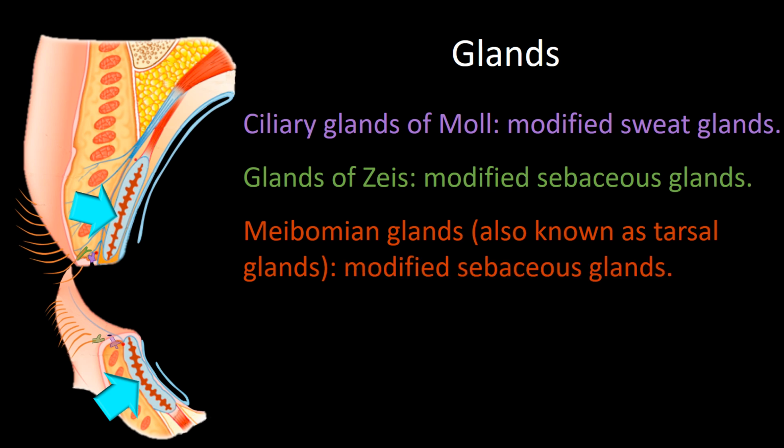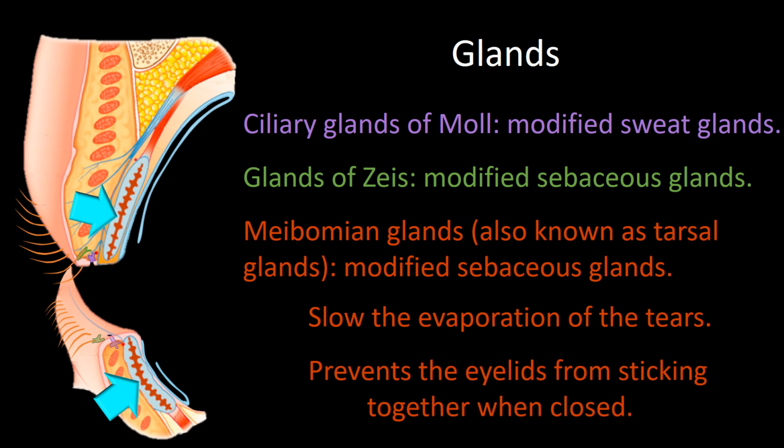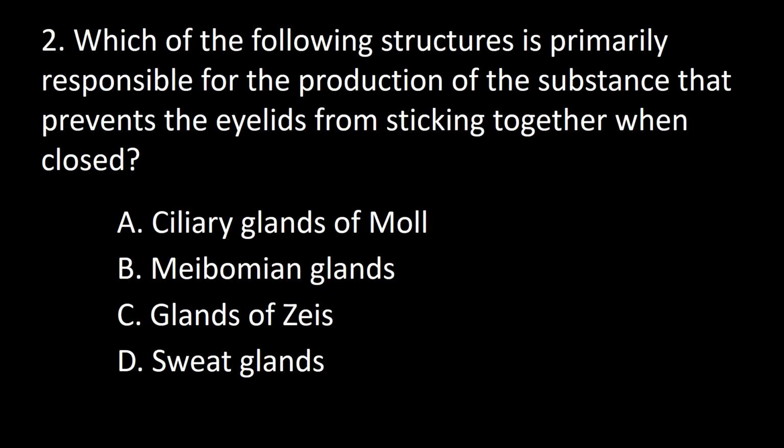They are modified sebaceous glands. The function of these glands is to secrete a substance that slows evaporation of tears and prevents the eyelids from sticking together when closed. So the answer to this question is B.